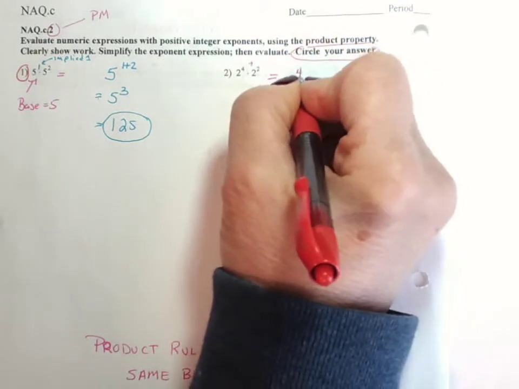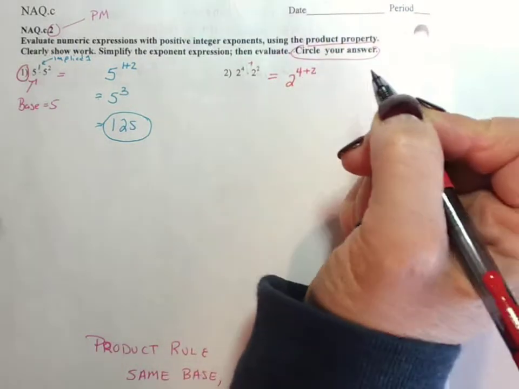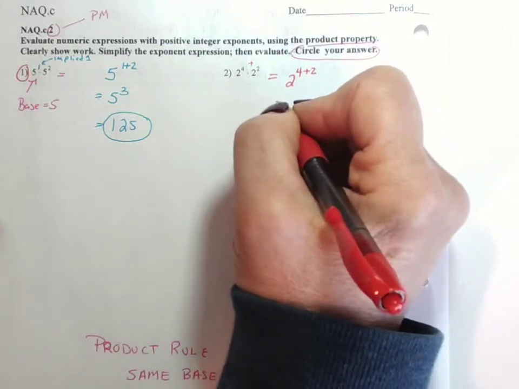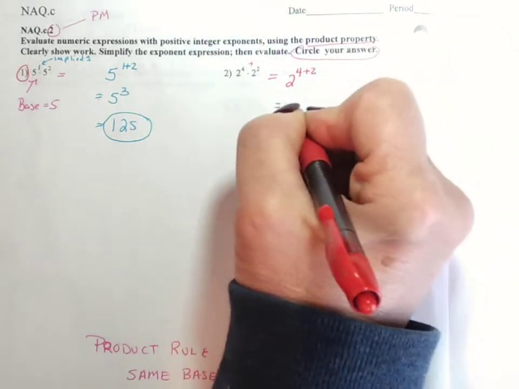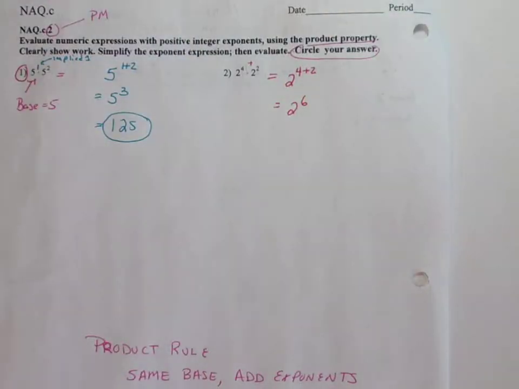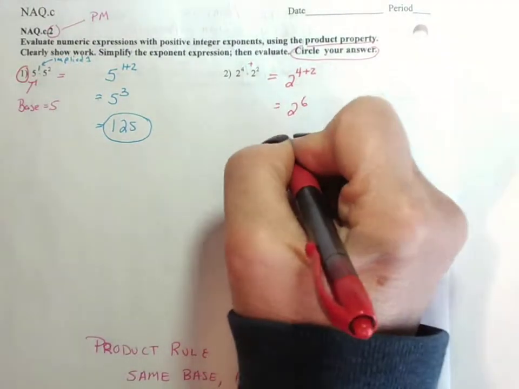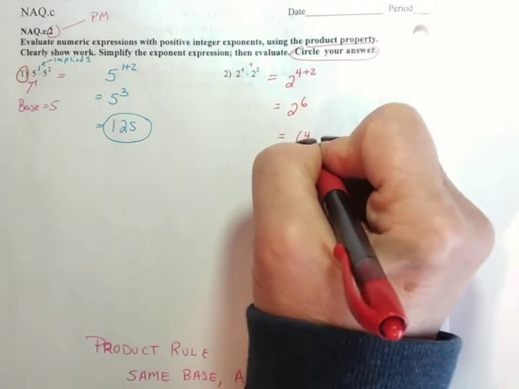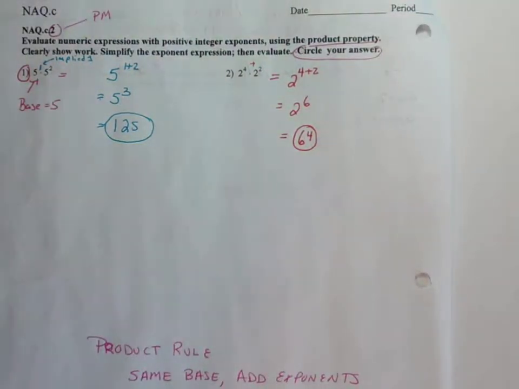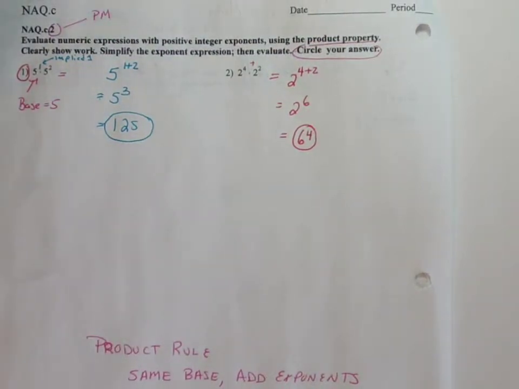You have to show this step so that you show proficiency, that you understand what you're doing. That is going to be 2 to the 6th. And that final answer is 64. 2 times 2 times 2 times 2 times 2. There's 6 2's, so that's 64.